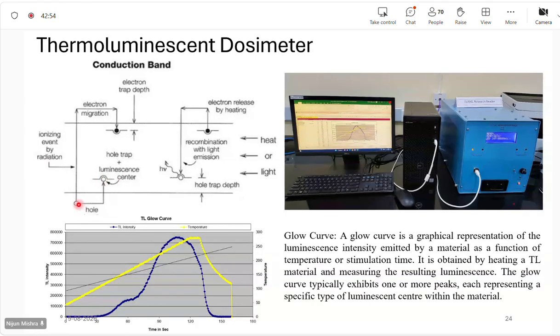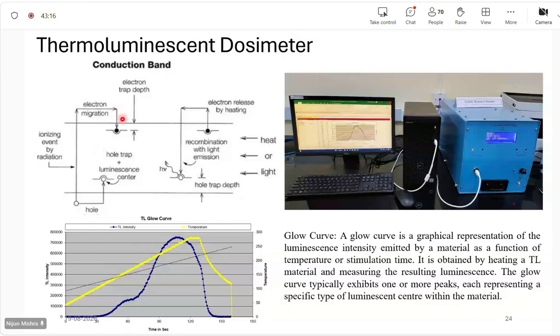From this hole center or trapping center, electrons will come and fill the vacancy. But the electron which got lifted moves throughout the band, and eventually it will fall into this electron trapping center, and it will stay there.